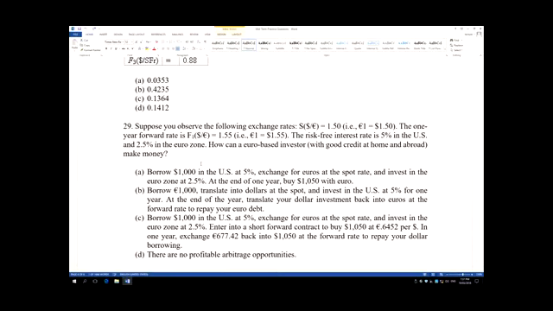Then what we're going to do is sell the euro equivalent forward, right? So that will give us euros.